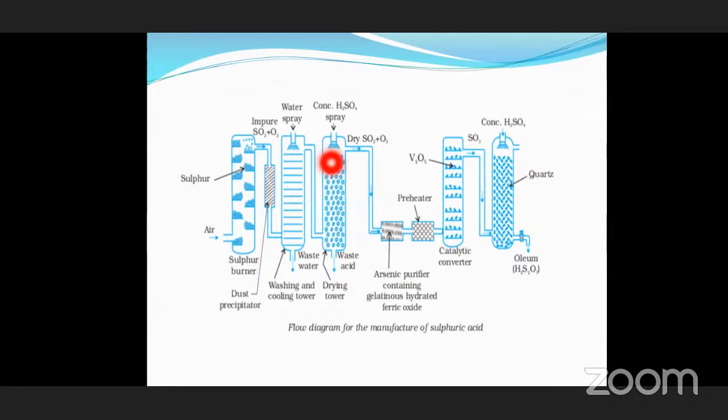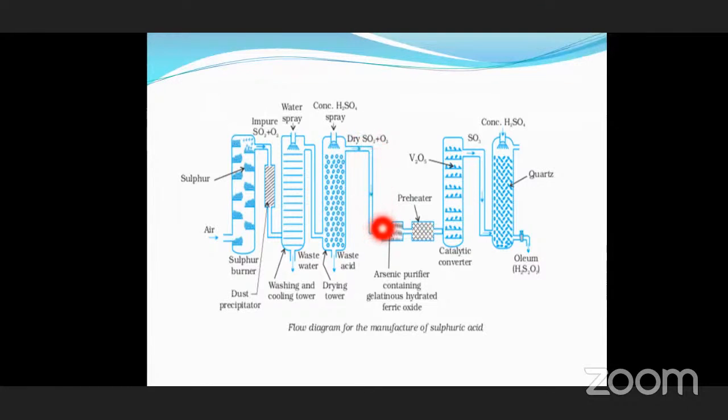Here there is concentrated H2SO4 spray, and any waste acid goes outside through this tube. After formation, the sulfur dioxide as well as oxygen molecules are again passed through this tube.